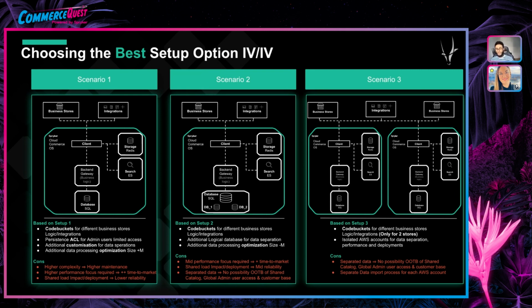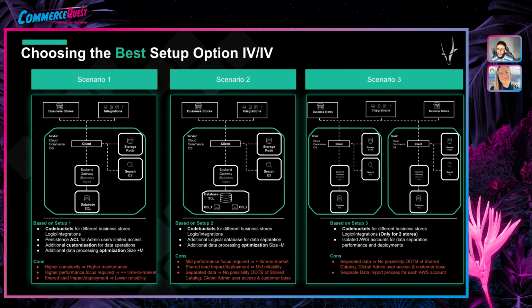For the additional customizations for data separations, you will need to add some more customizations because not all the features are actually per store. So you might need to check which features are relevant, and then you need to add additional customizations. And finally, since you have a size plus M, you are not really sure.